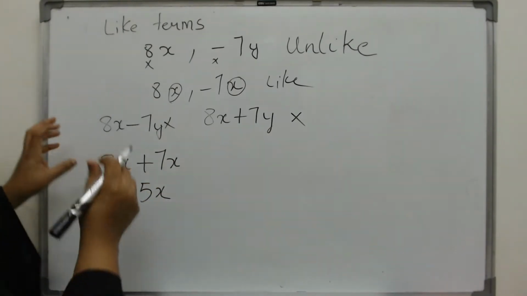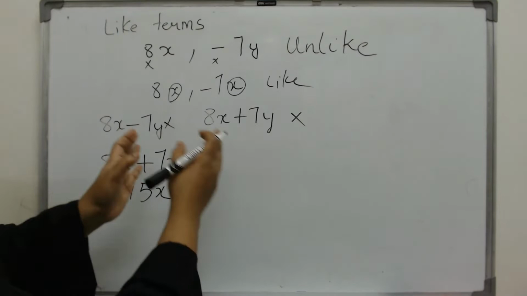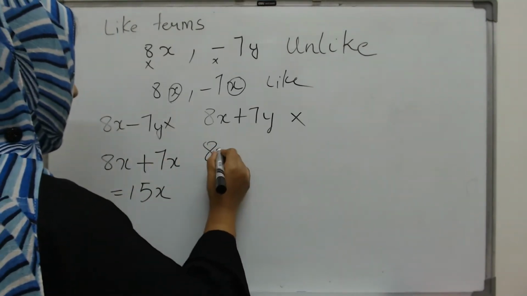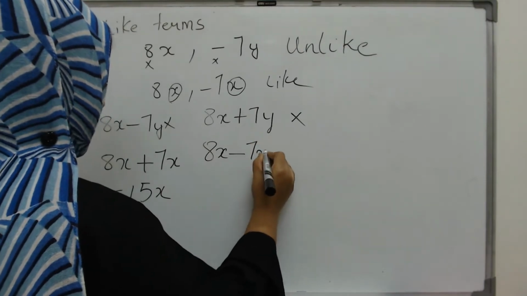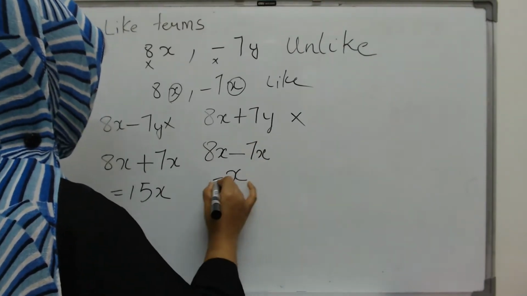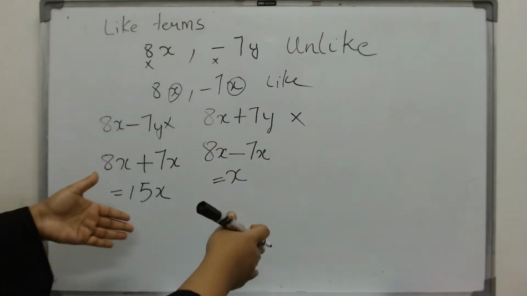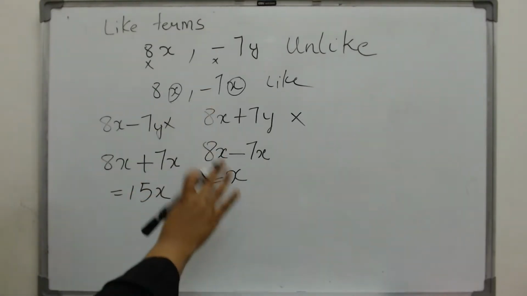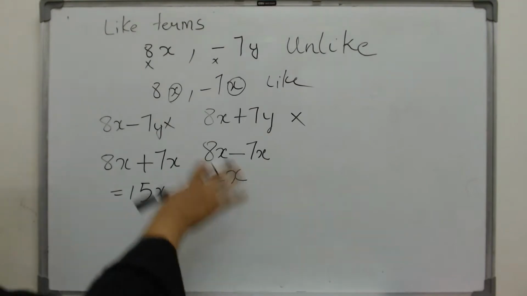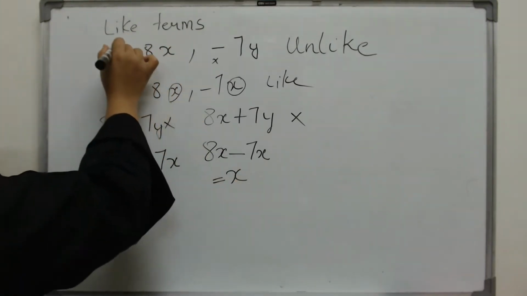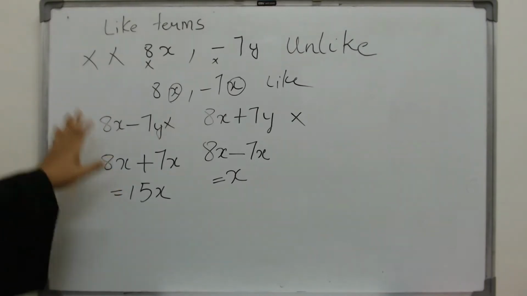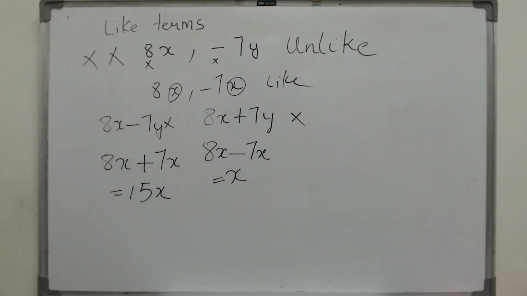It will be like 8 oranges plus 7 oranges is 15 oranges. Similarly, 8x minus 7x would be x. It is just like 8 oranges minus 7 oranges. This is actually 1x, but I will just write it as x. So with unlike terms, you cannot add or subtract. But like terms, you can add and subtract.